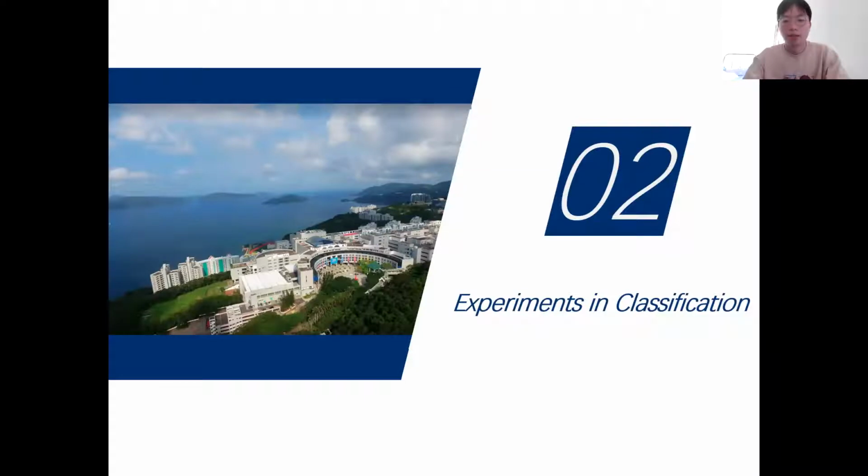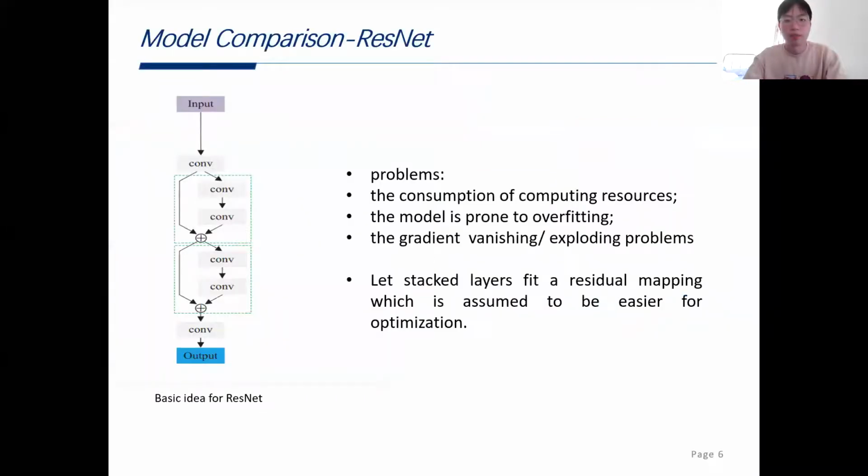There are some basic ideas for these networks. First is ResNet. The increase in the number of network layers is generally accompanied by the following problems: the consumption of computing resources, the model is prone to overfitting, and the gradient vanishing and exploding problems.